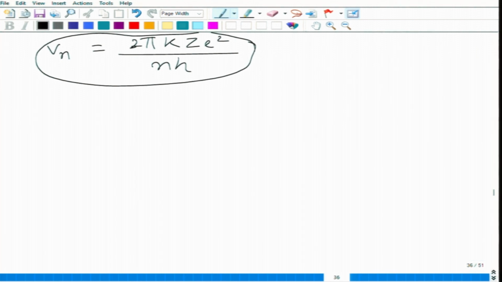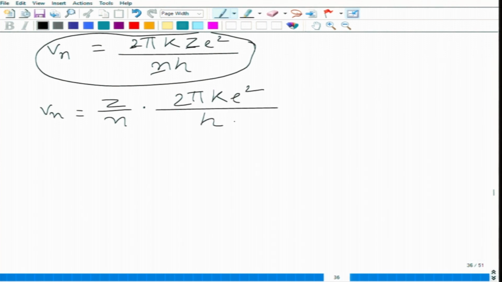Now in this formula again, we know all the values except n and Z. So we can write Vn as Z by n into 2 pi k e squared by h.